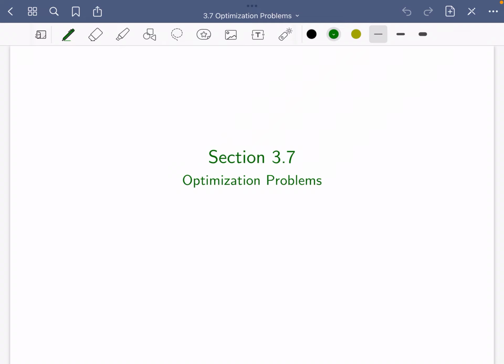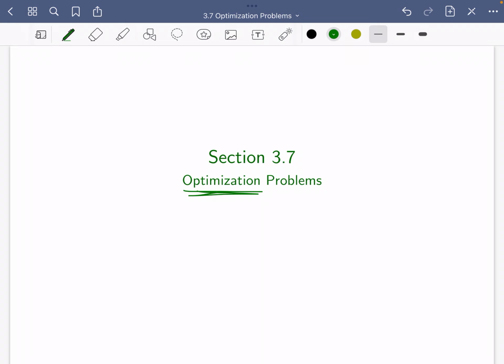In this video, we're going to take a look at the ideas from curve sketching and use them to try to solve optimization problems. When we think about optimization problems, we're thinking about what is the optimal solution? What's the best solution? In real-world applications, the best of something is often either the most or the least of something.